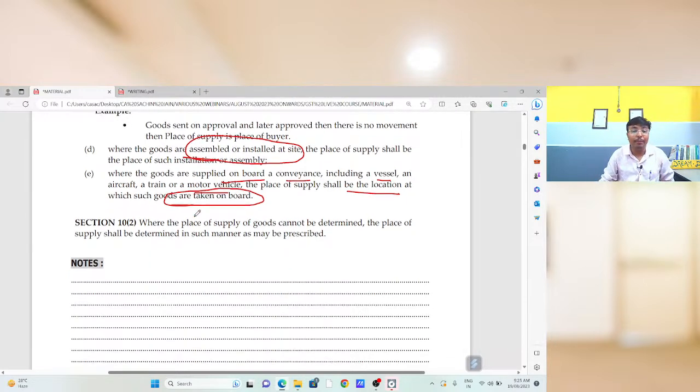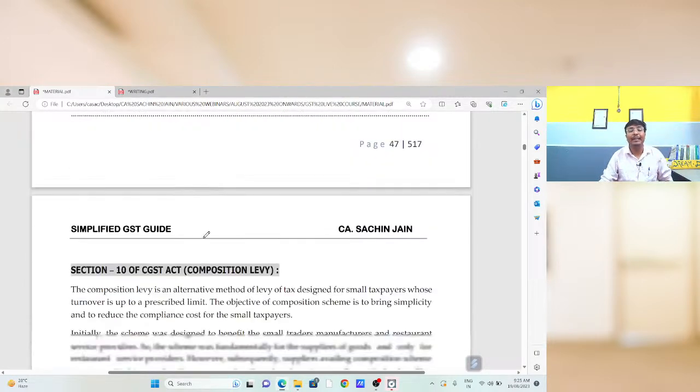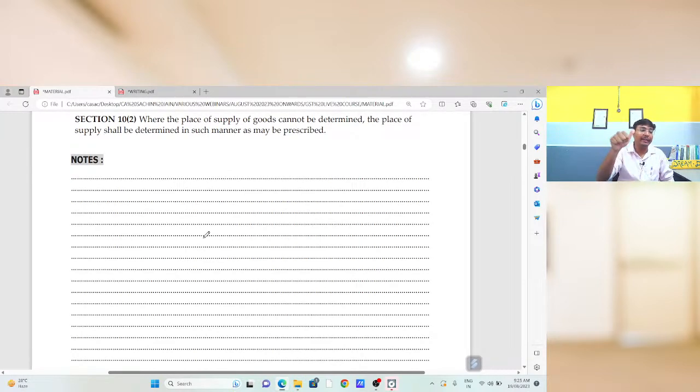So just confirm me once that the place of supply is completely okay. IGST, CGST, SGST, interstate supply, intrastate supply is completely okay for you. This time I am expecting a reply from each and everyone, because this is a very important part of law. This is a very crucial part of law regarding place of supply, regarding interstate, regarding intrastate.